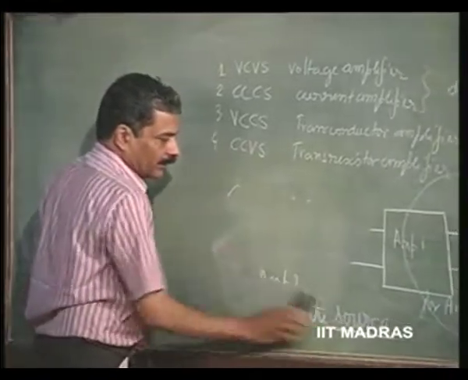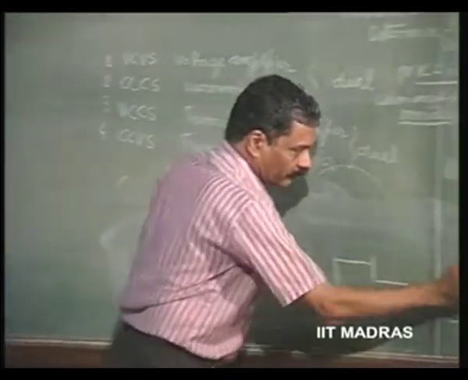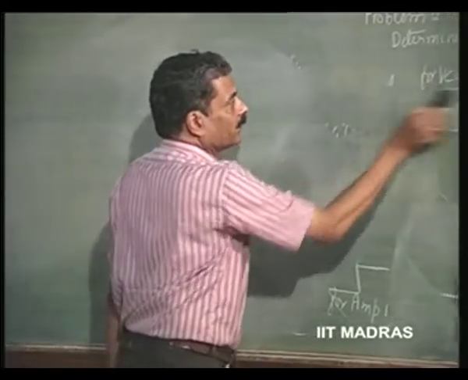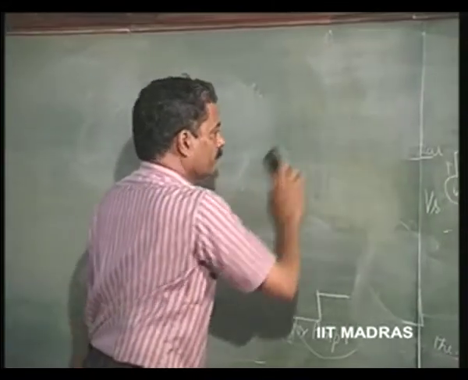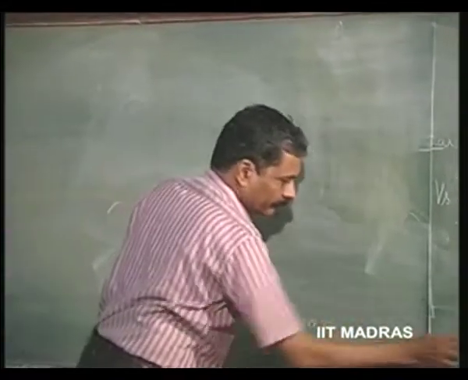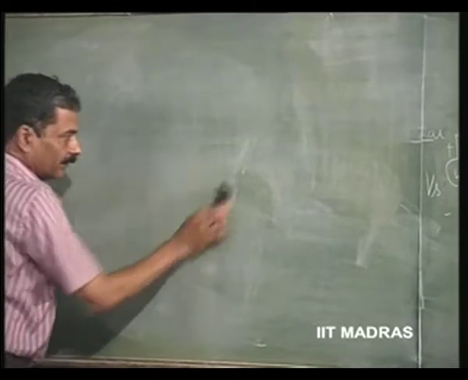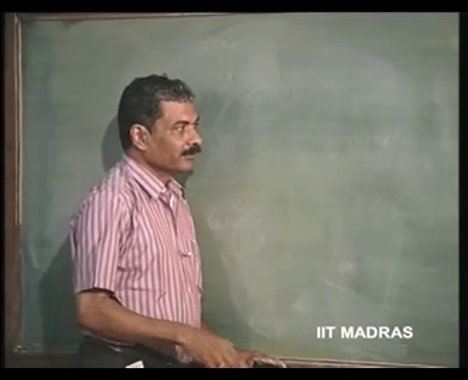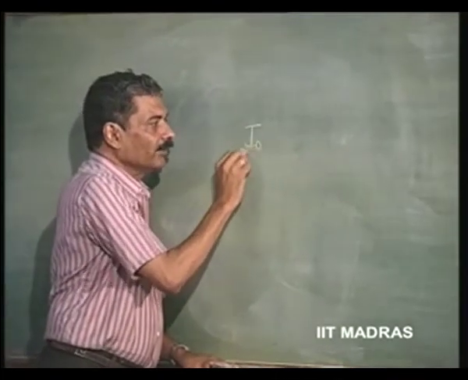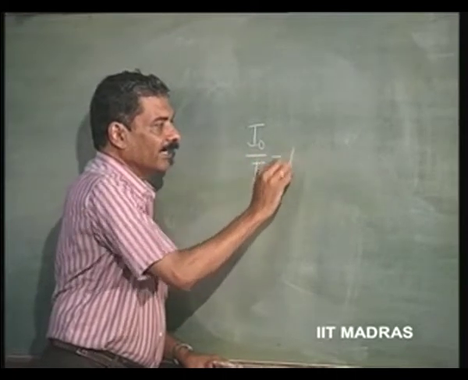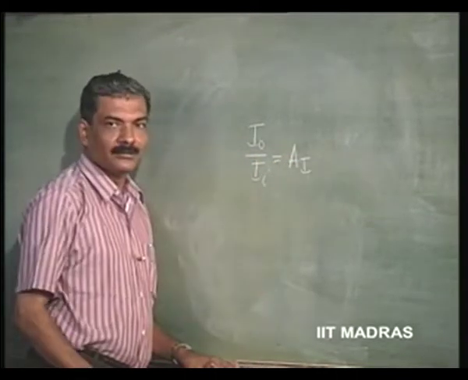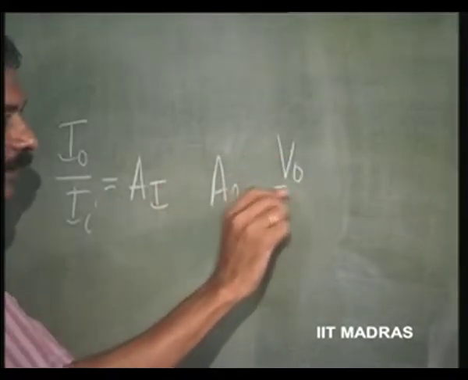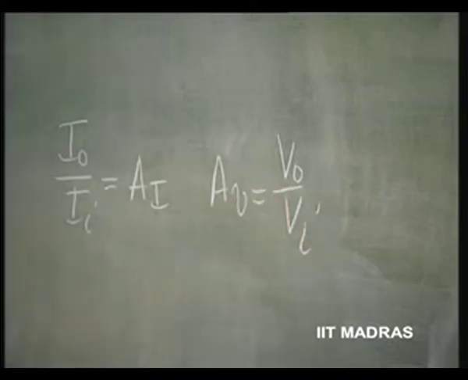So, this is the information about cascading. Another important theorem that we can derive while cascading is: what is I naught over Ii? Let us call it the current gain, AI. AV is V naught over Vi for the amplifier.